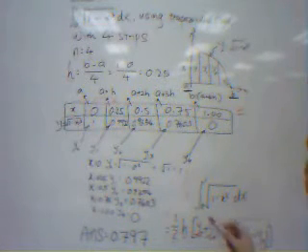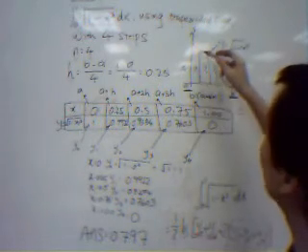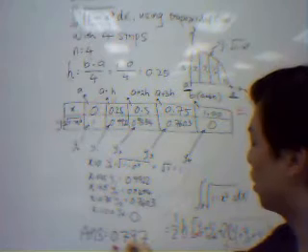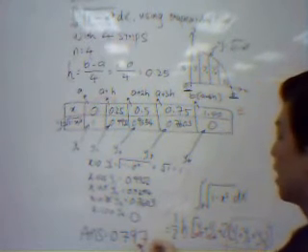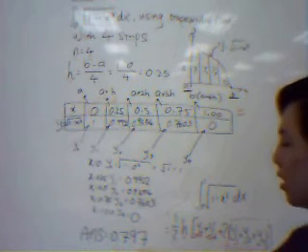So at the end, we find the total area under the curve is 0.797. If you can get this answer, you roughly know what the trapezoidal rule is. Thanks.